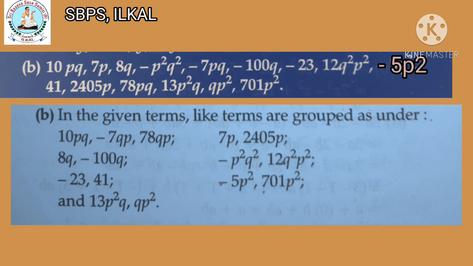These 2 are like terms. Minus 23 and 41. These 2 are constants and we call them like terms. Minus 5p square and 701p square are like terms. And the last group, that is 13p square q and qp square. These 2 are also like terms.